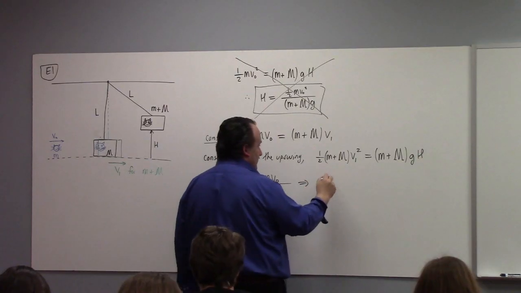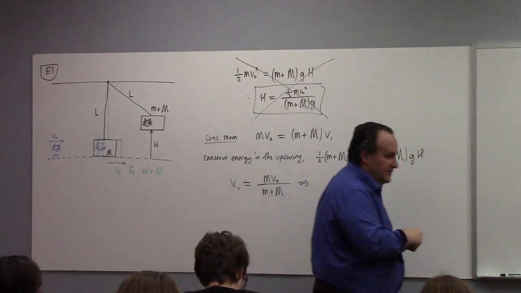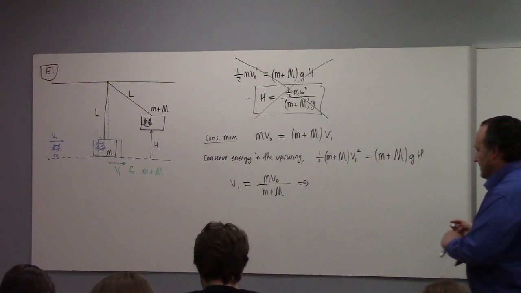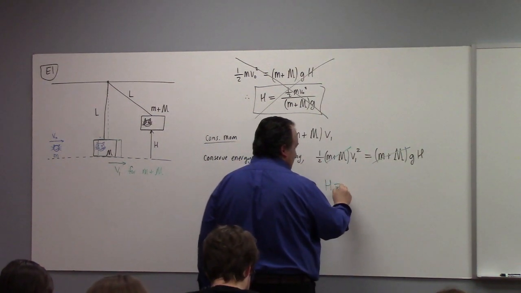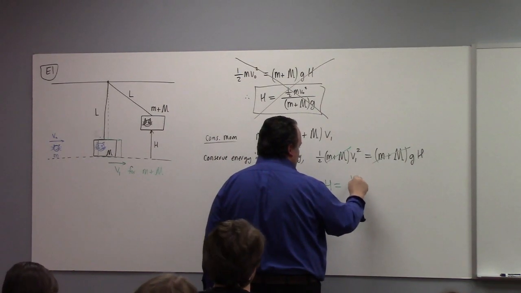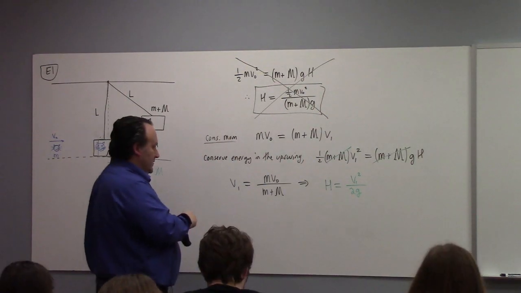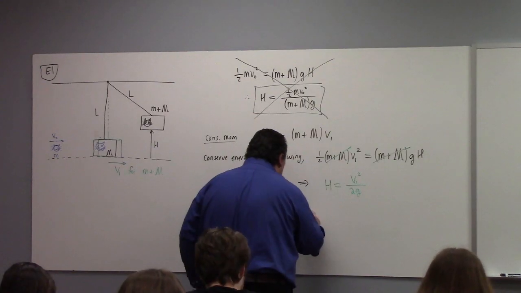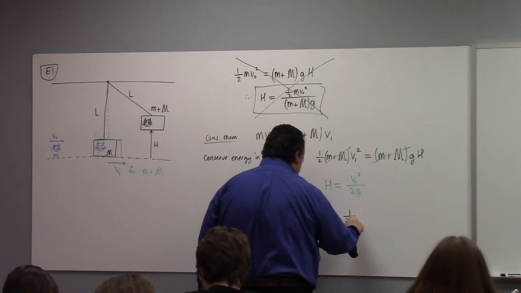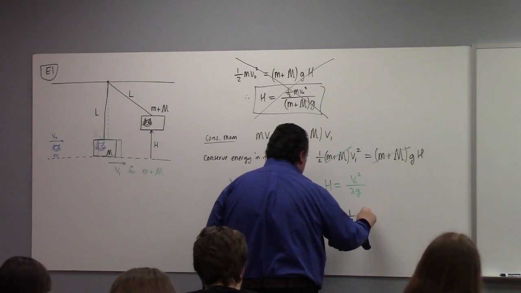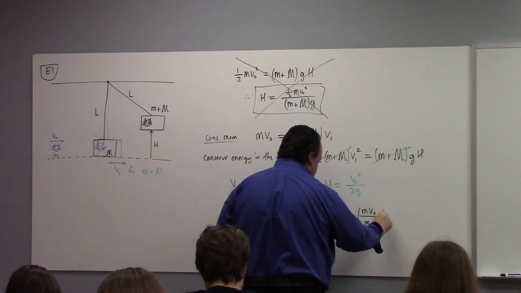Which implies that we can cancel these M's, and that gives me h is equal to v1 squared divided by 2g, which gives h equals 1 over 2g times m v naught over m plus big M quantity squared, right?